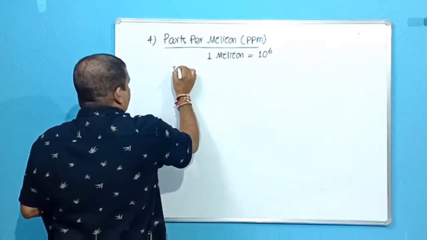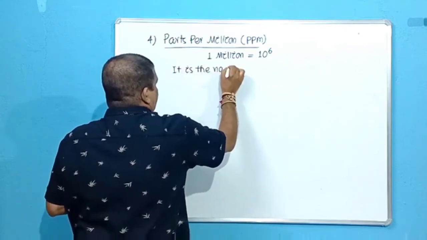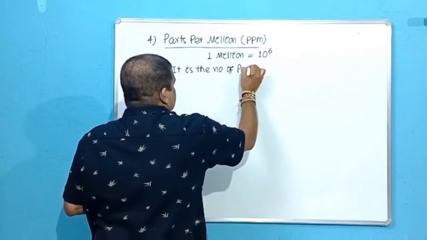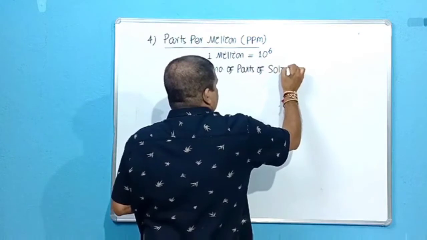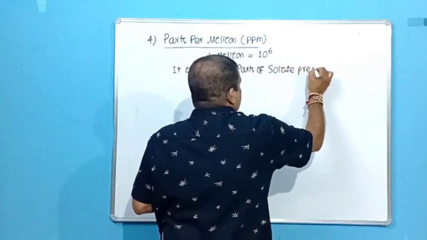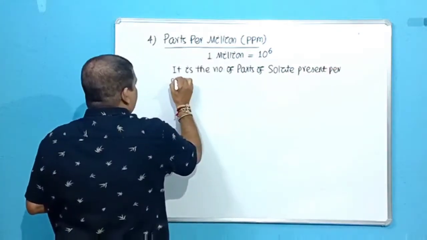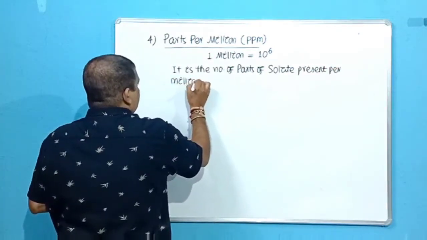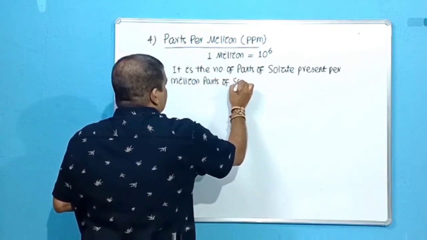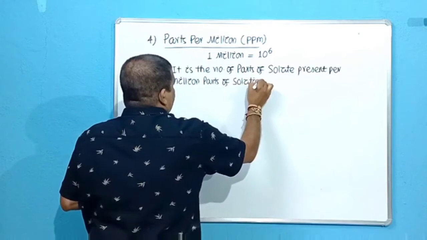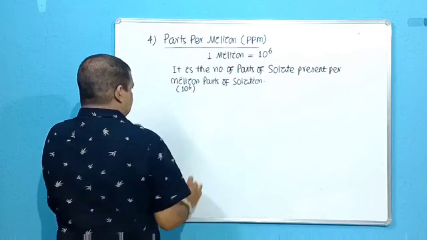Now it is the number of parts of solute present for million parts of solution. Million means you can write here 10 to the power 6 parts.